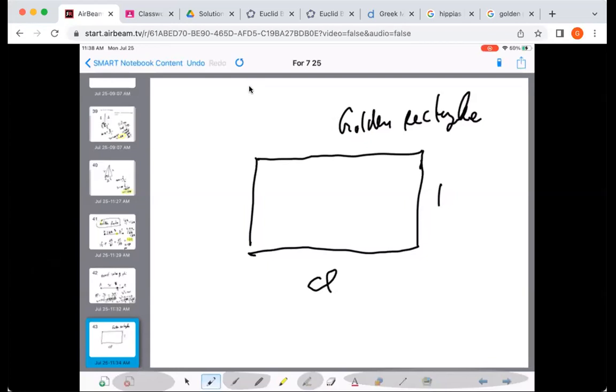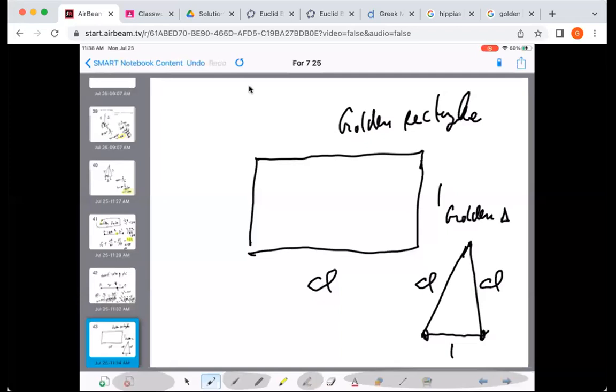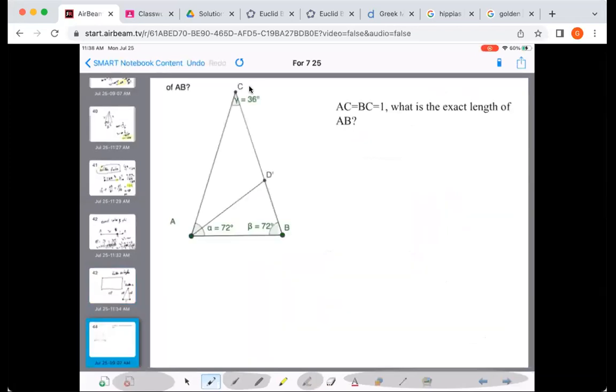Because not only is there a golden rectangle, but if you were to make an isosceles triangle, and make the sides 5, 5, and 1, that would be a golden triangle. Now check this out. Big thing about to happen.